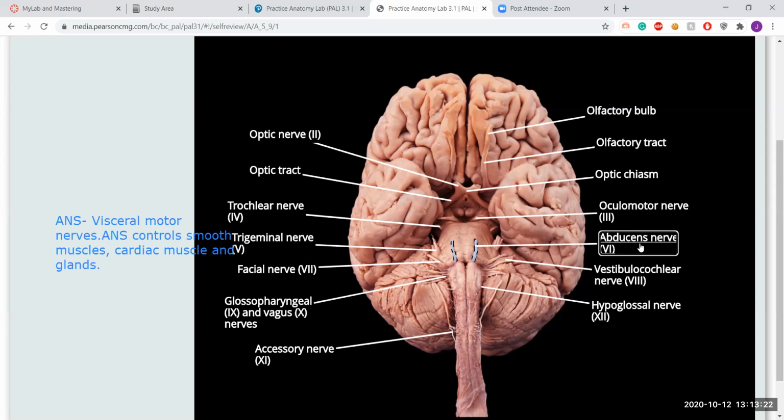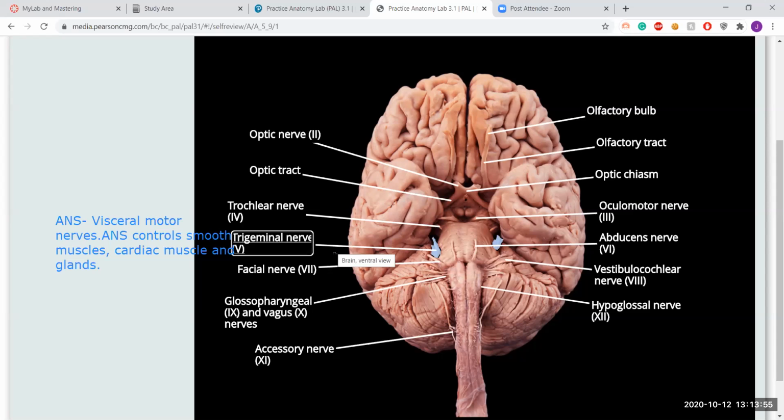Abducens, the sixth, is also responsible for movement of the eye. Then trigeminal, we call it trigeminal because it has three branches: one goes to the eye, the second to the maxilla, and the third to the mandible.